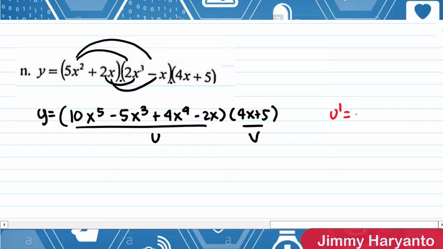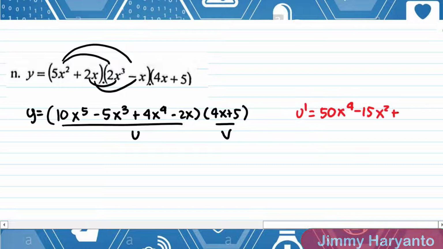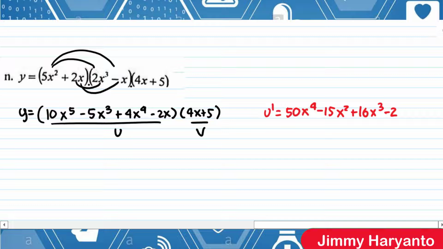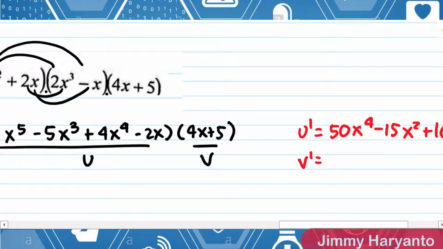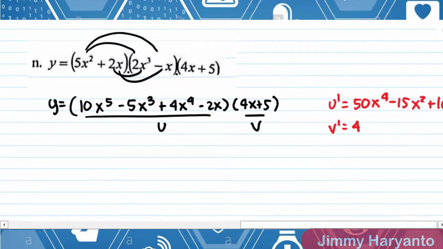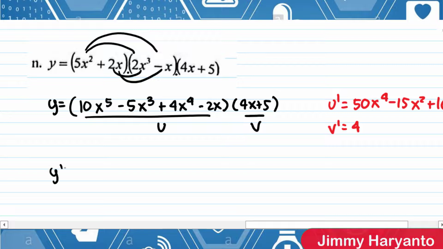We will have u accent equals to 50x to the power of 4 minus 15x squared plus 16x cubed minus 2. This is the u accent, and then for the v accent you will get 4. Next, after that you can use the formula of the quotient rule.